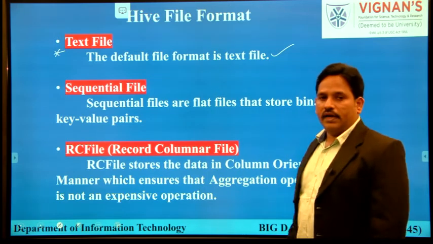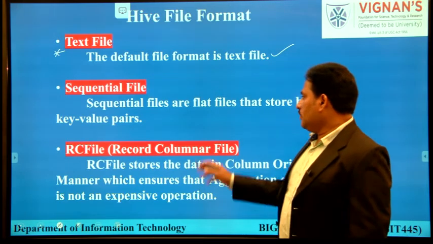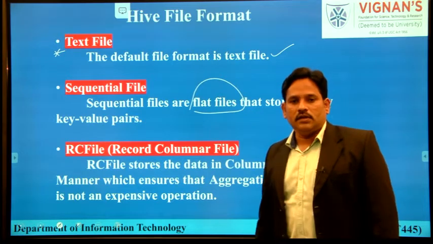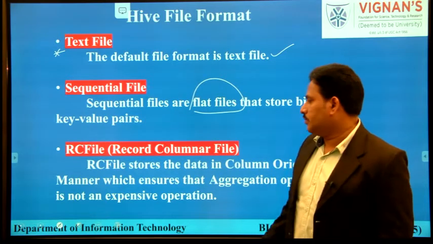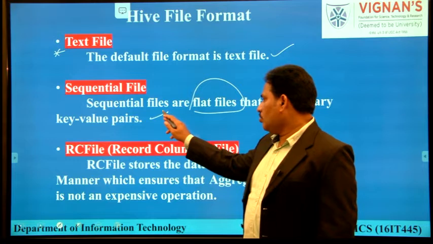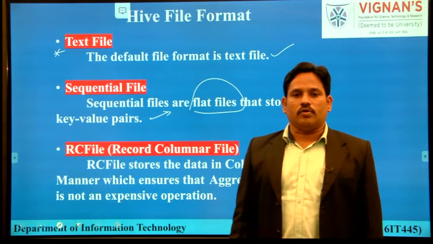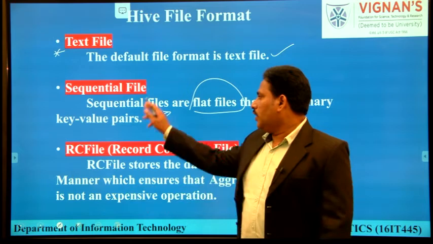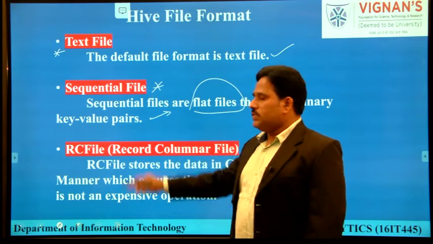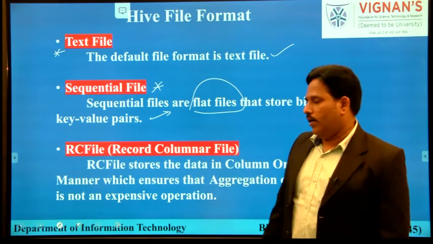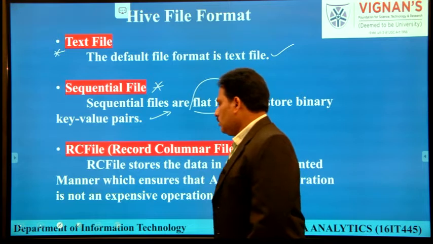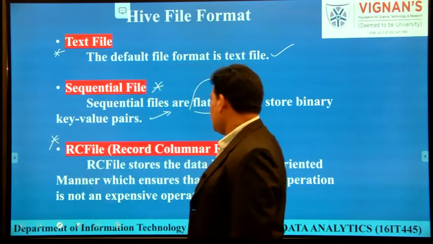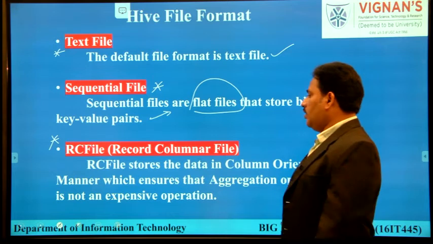And we can also create a sequential file. Sequential files are flat files that store binary key value pairs of information. So whenever you want to store key value pairs of information in Hive, we can use the sequential file format.